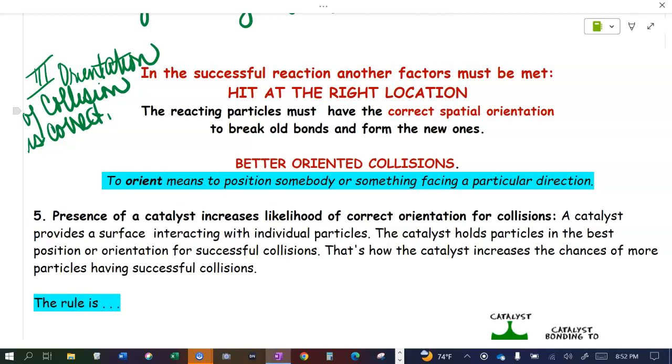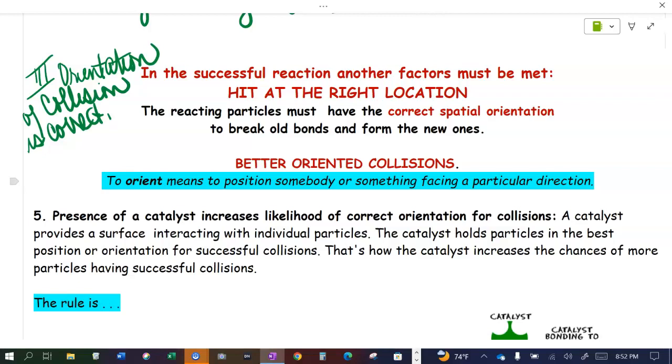So there are many ways a collision can occur, but the orientations when the particles collide either work or don't work. And of course, we know most of the time they don't work. So to orient means to position something facing a particular direction so that the collision works better at the particle level. So what factors actually do that?